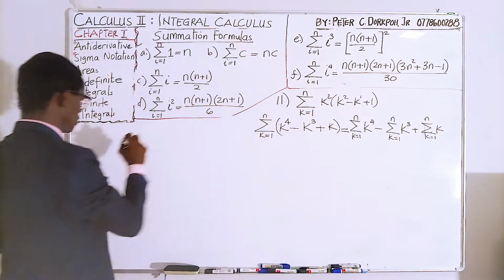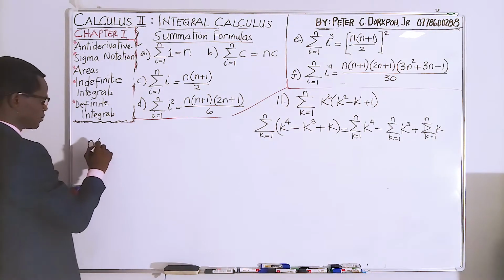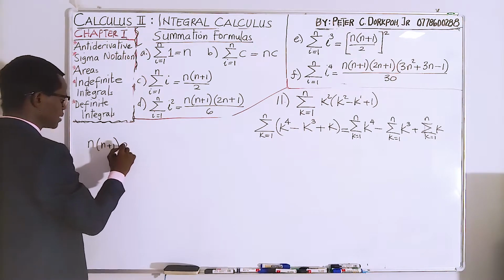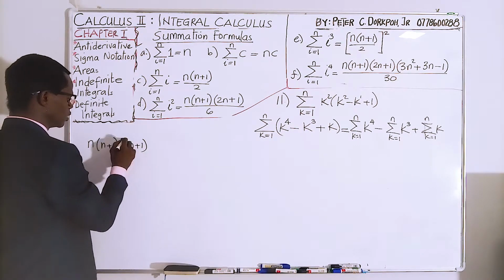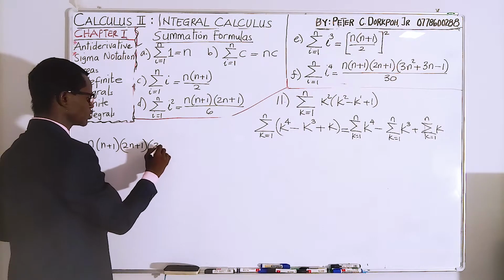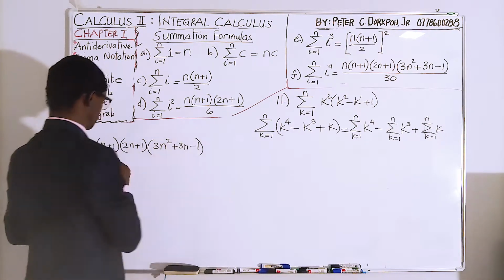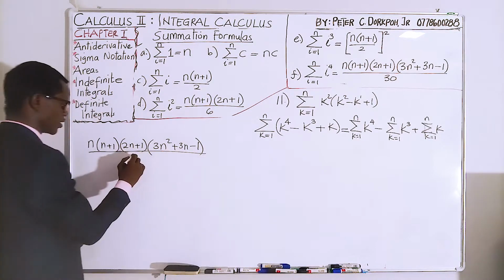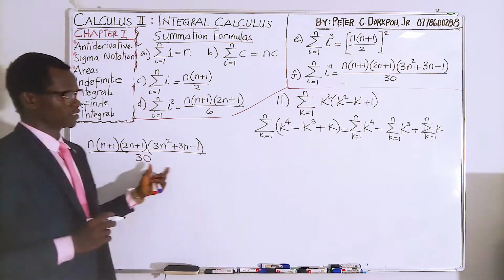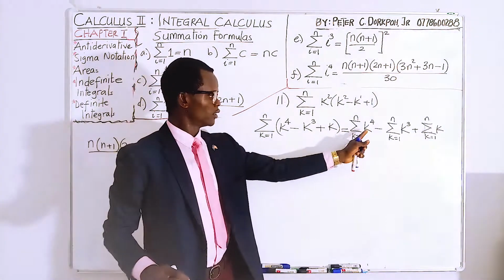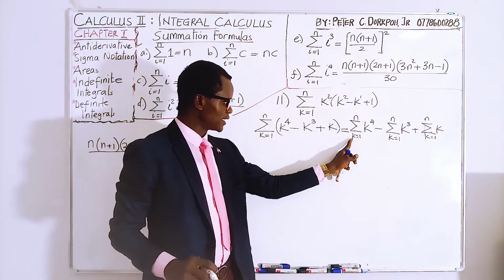So therefore, we write that expression n times n plus 1 times 2n plus 1 times 3n squared plus 3n minus 1, all divided by 30. This is now the summation of k to the 4th power as k goes from 1 to n.